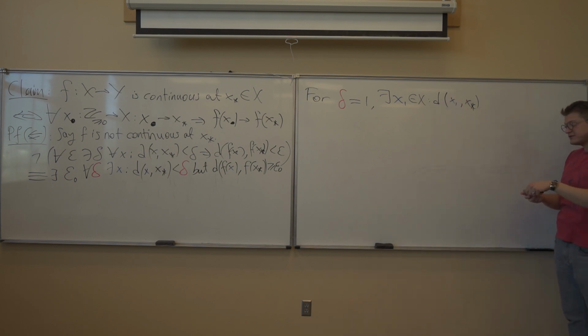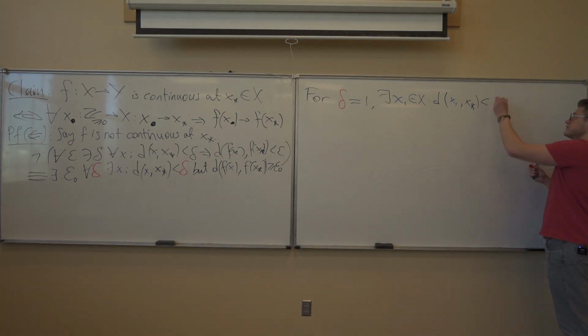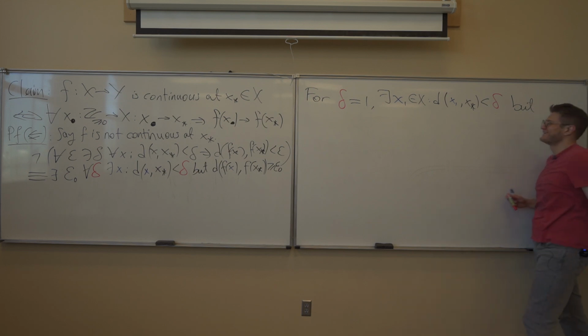If you're trying to understand statements like this, I would highly recommend that you take your time, write everything explicitly. Don't rush it. Okay? Be the Bob Ross of epsilons and deltas.